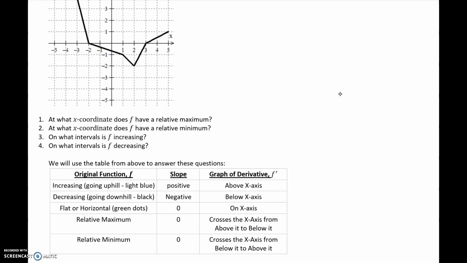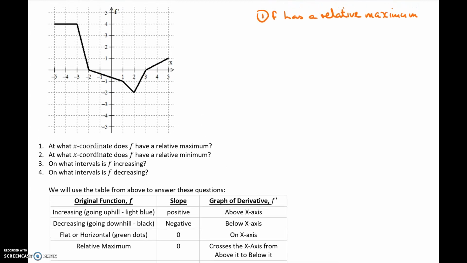Then go right across to the other side, and we see that the relative maximum of f corresponds to whenever the graph of the derivative, f prime, crosses the x-axis from above the x-axis to below the x-axis. So to find a relative maximum of f, we want to find when the derivative changes from positive to negative. When does the derivative go below the x-axis?